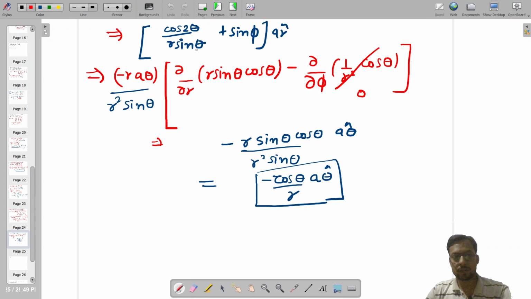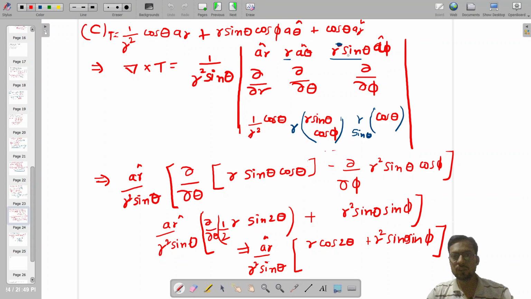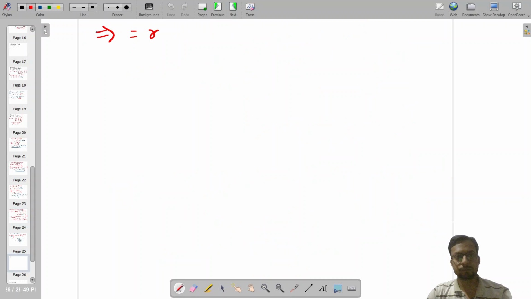In the third we have r sine theta a phi, and the factor which is outside the matrix.